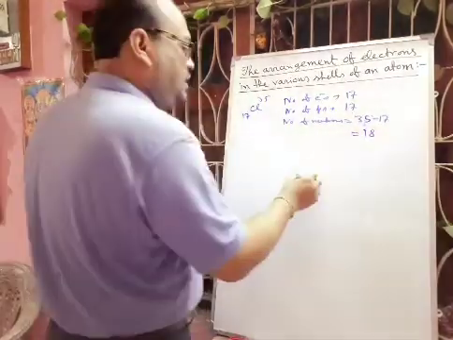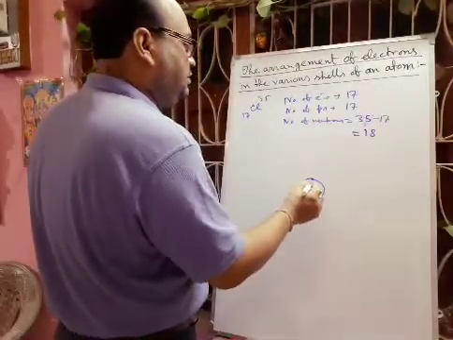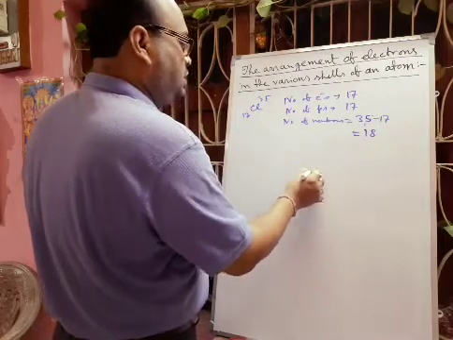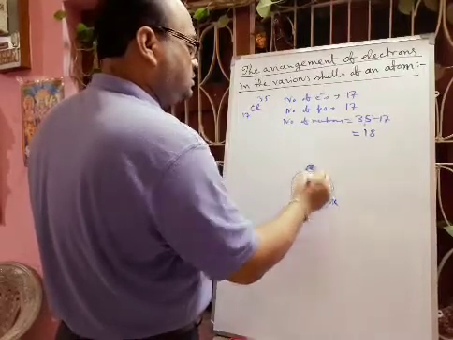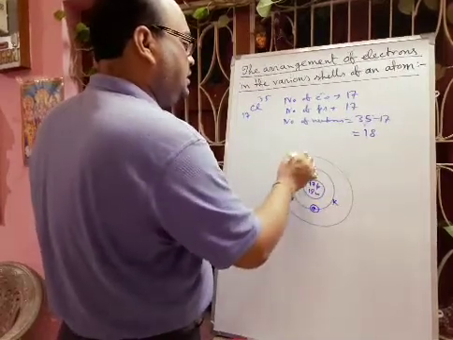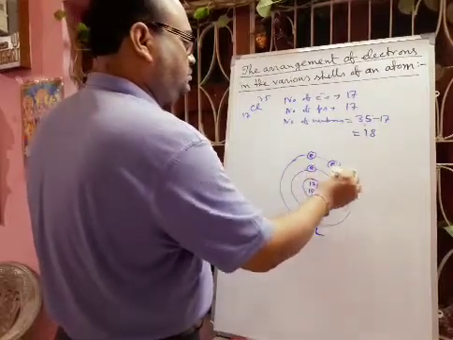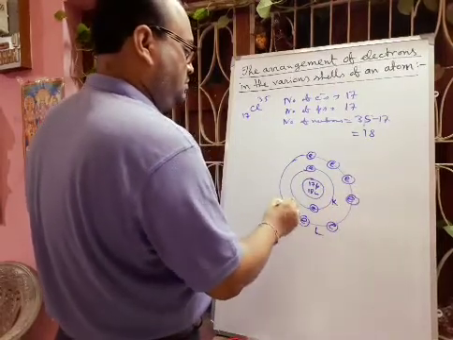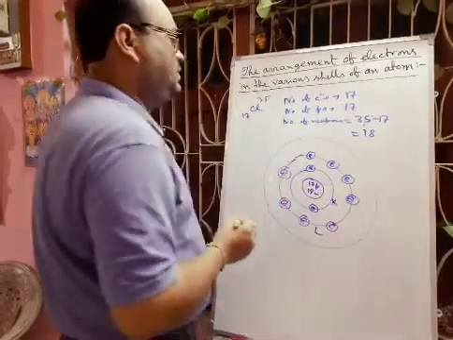So if we draw the atomic model, then you can understand. Inside the nucleus there are 17 protons and 18 neutrons. K cell will have 2 electrons, L cell has 8 electrons, and M cell will have 7 electrons.